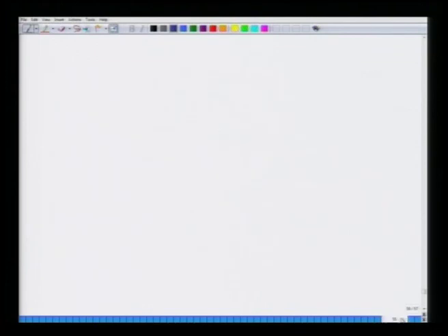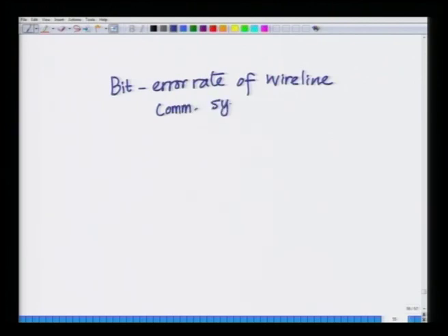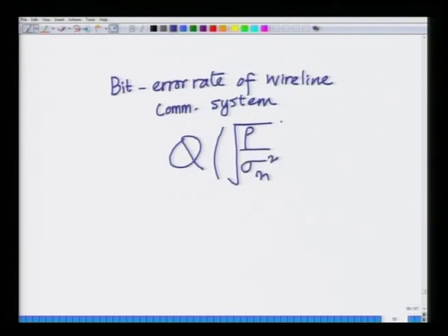So, the bit error rate of this digital communication channel, the wireline communication system, is simply Q of square root of p over sigma n square.